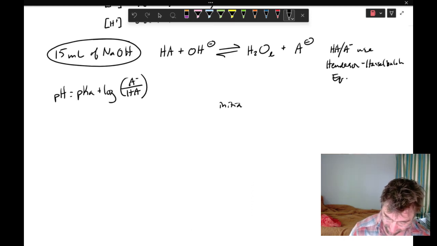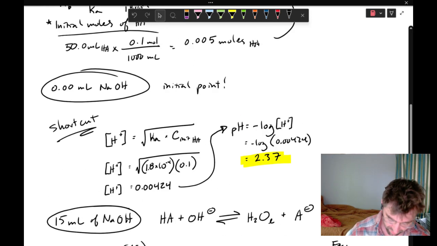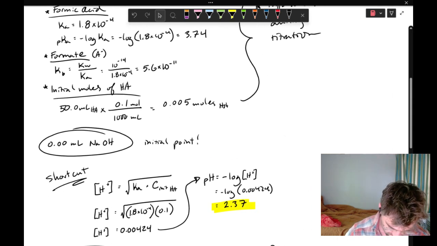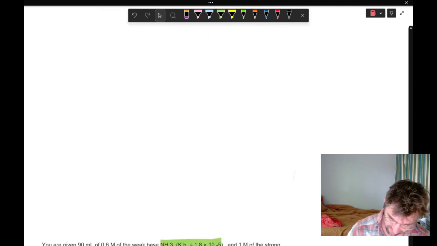So this is a chart that really helped me. We have initial moles of our acid. And have we already solved for that? We did. Initial moles of acid, we had 0.005 moles.